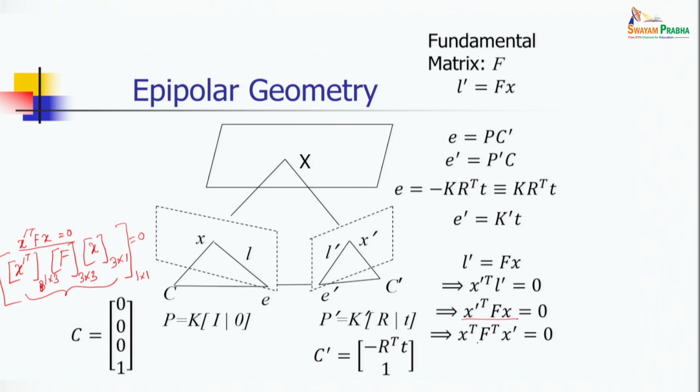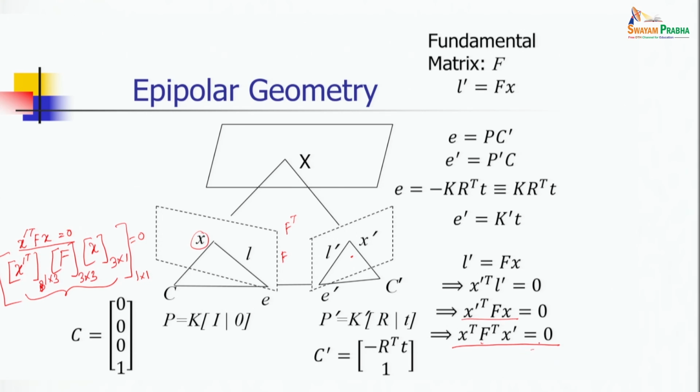Note that if I take the transpose, I will also get a similar structure. With respect to this image, it is x transpose, and then F becomes F transpose. So x transpose, F transpose and x prime, if I multiply them, that should be equal to 0.